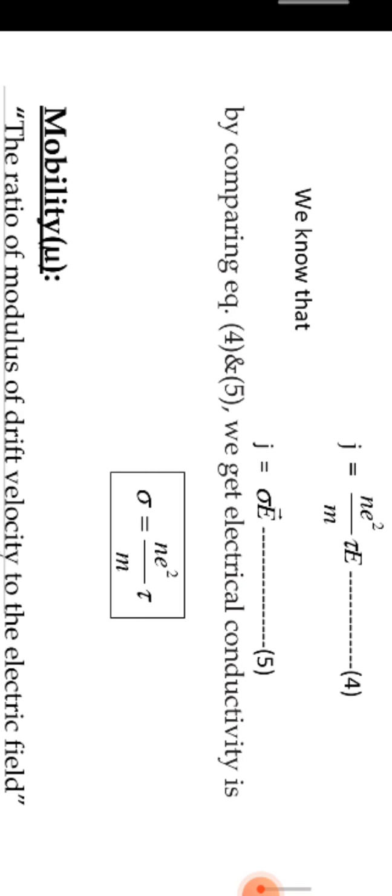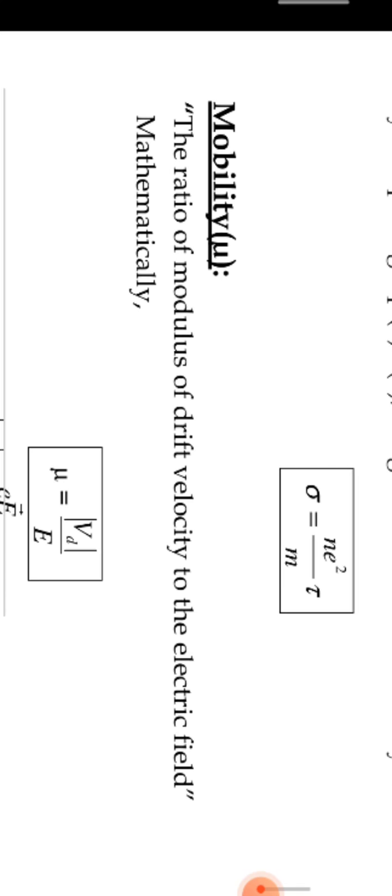Comparing equation 4 and equation 5, sigma equal to N e square by m into tau. This is nothing but the electrical conductivity expression, very important for 5 marks.